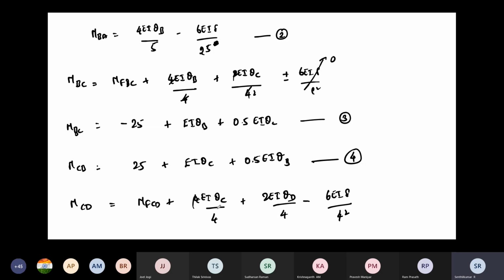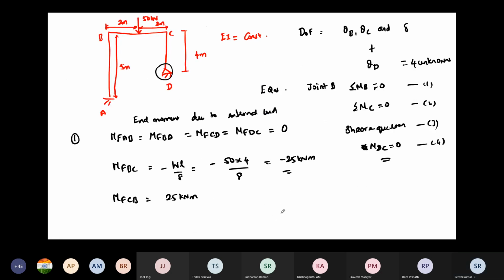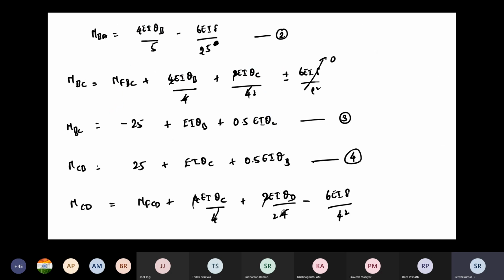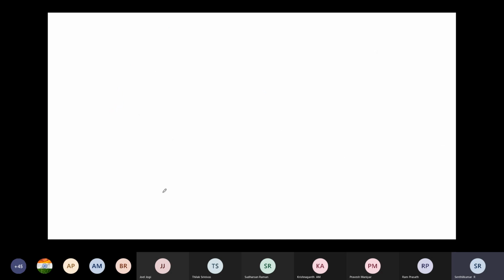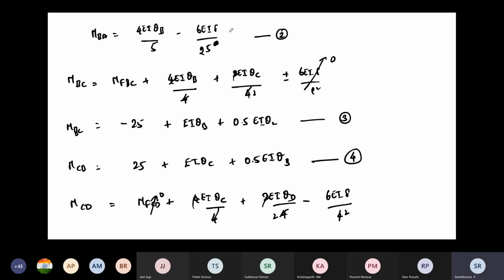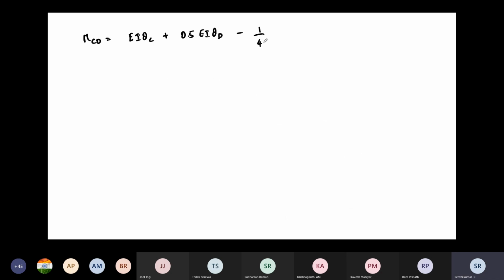So 4 will cancel here. What is MFCD? MFCD and MFDC are 0, so it will be 0. Finally MCD will be equal to EA theta C plus 0.5 EA theta D, then minus 1 by 4.